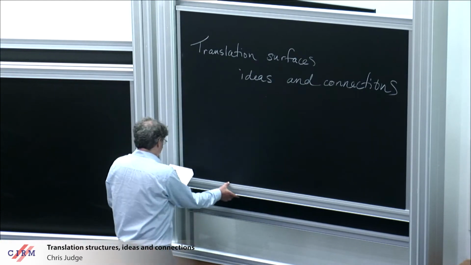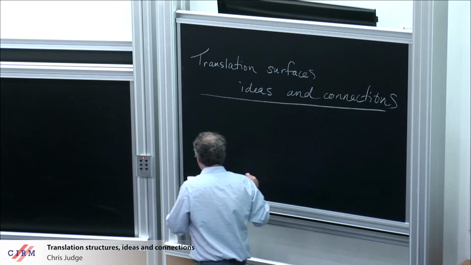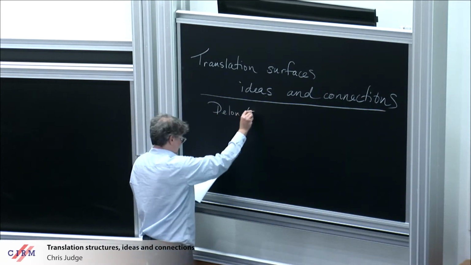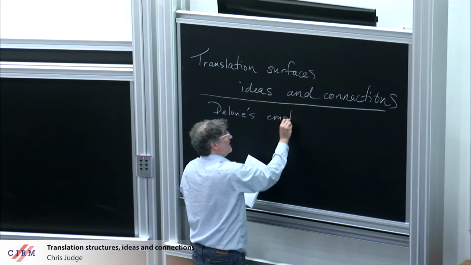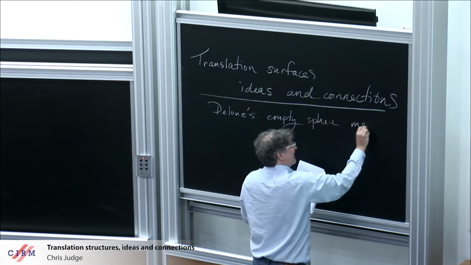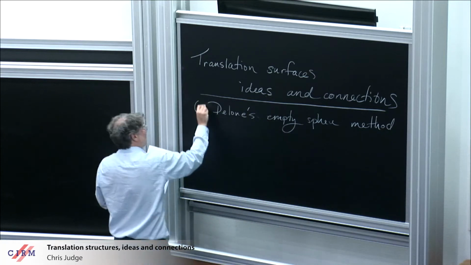And the other objectives I have are the following. Well, the outline is the following. I want to look back at Delaunay's empty sphere method. So that's step one.